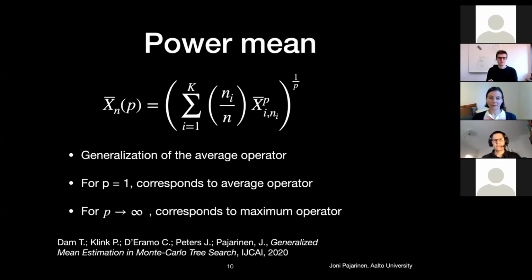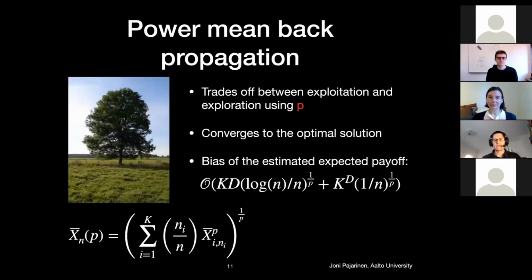And for this power mean operator, we derived convergence proofs. I won't go into the proofs today, that would take a lot of time. But basically we can prove that for any finite p, the algorithm converges to the optimal solution. This is maybe a little bit surprising, that even if you have a very, very large p, it still converges to the optimal solution.